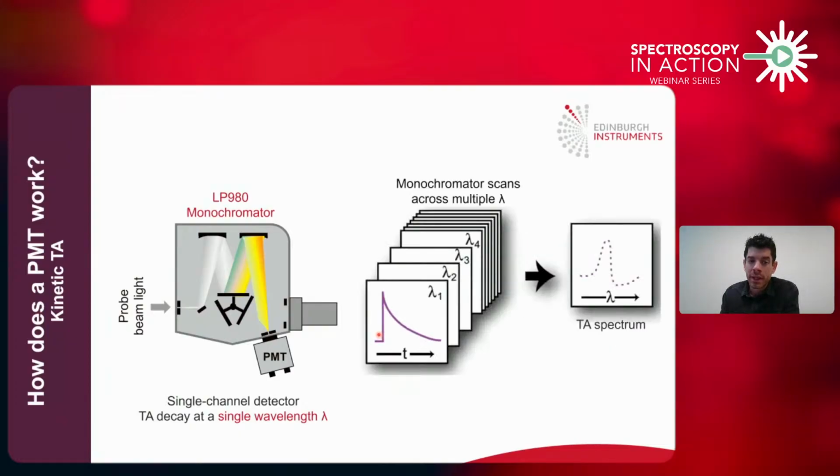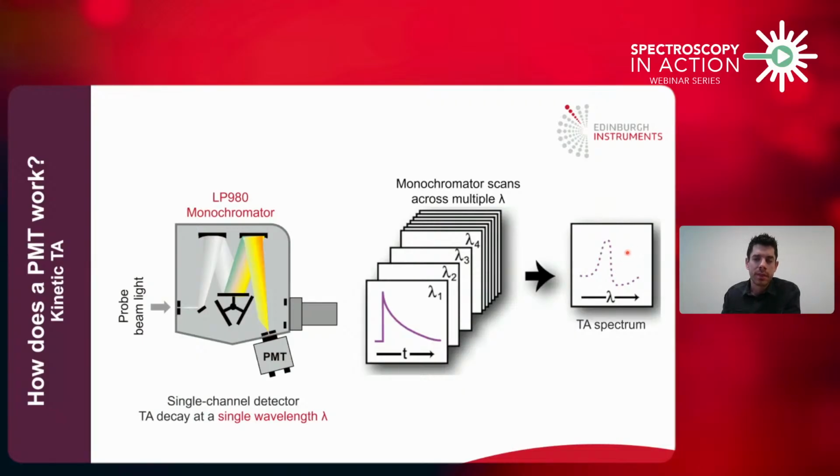So what if we had only the PMT as an option and we wanted to obtain spectral information of our sample? What we would have to do is to measure the lifetime at different wavelengths. And as with the iCCD camera, that essentially is a 3D representation where the third dimension gives us the spectral data.